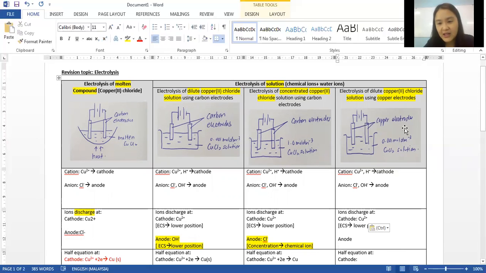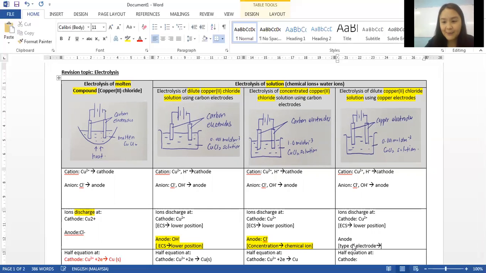So you ask yourself, is this electrolysis affected by type of electrode? To answer this, you focus on your electrode. I'm not using carbon, I'm using copper, which is a pure metal. So in this case, the choice at my anode will be affected by type of electrode.